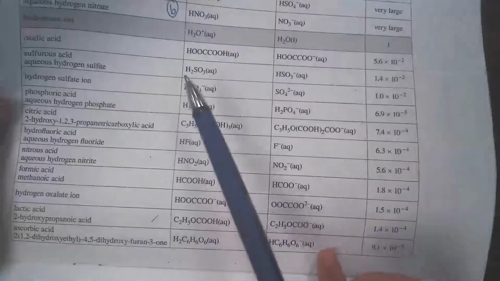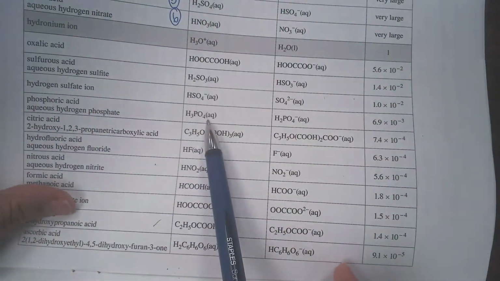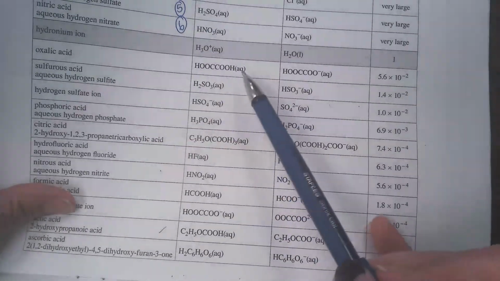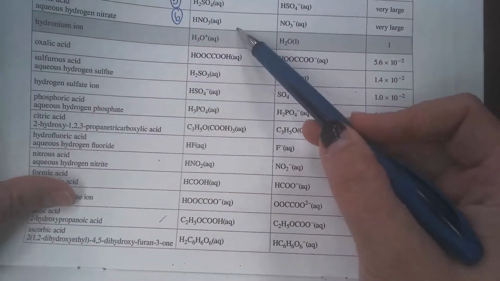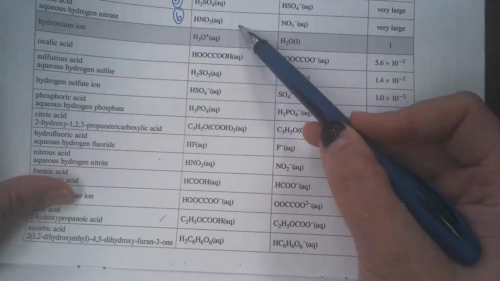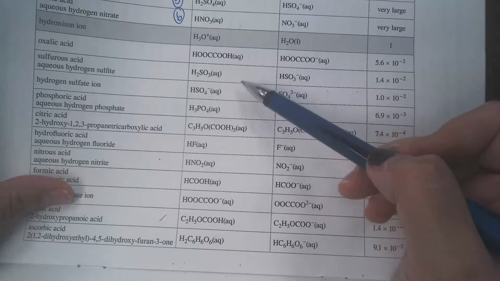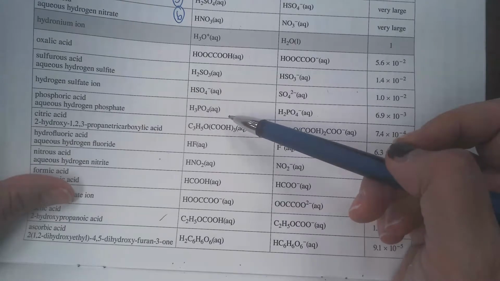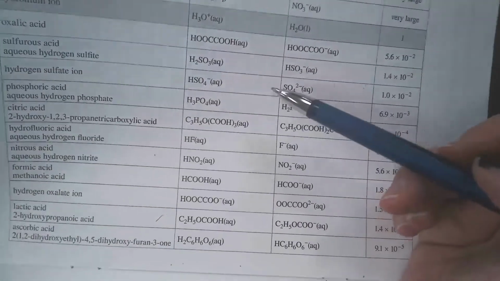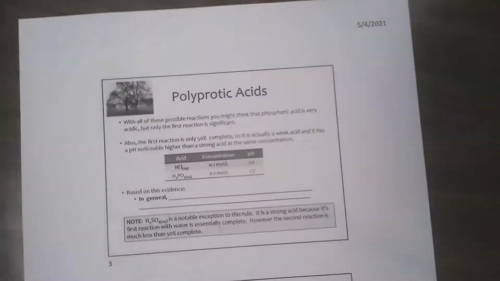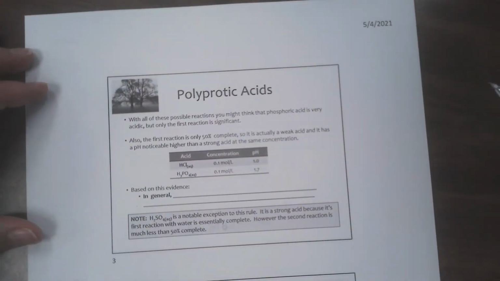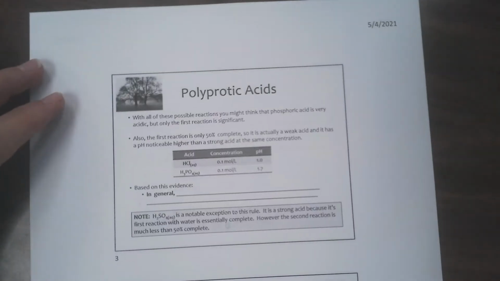Phosphoric acid, H3PO4, gives us aqueous hydrogen phosphate. And we see that it's not that far off. Here's nitric acid, which is a very strong acid. And then we have 1, 2, 3, 4 acids lower. So it's at the stronger end of a weak acid. And where do we find phosphoric acid? Phosphoric acid is the acid that I was talking about in Coke and Pepsi and root beer that give it that dark caramelly flavor.